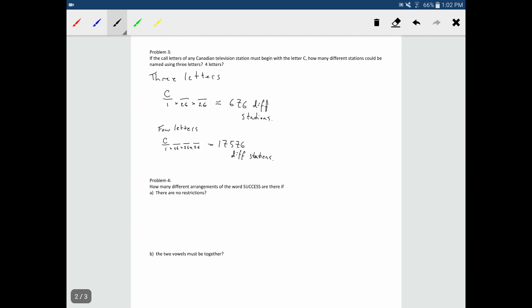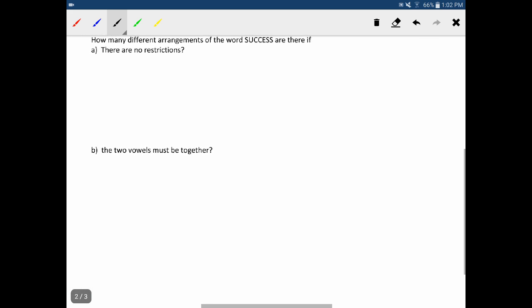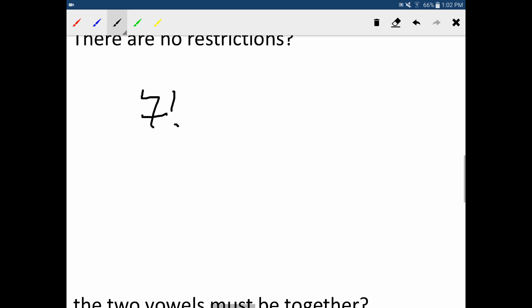All right. So, problem number 4. We're going to rearrange the letters in the word success. So first of all, we're going to do it with no restrictions, which is the same as what we did in lesson 1.3. So to begin with, we're going to say, well, there's 7 letters, so we're going to have 7 factorial on top. Let me zoom in so it's a little neater. Okay, so this is because there are 7 letters.